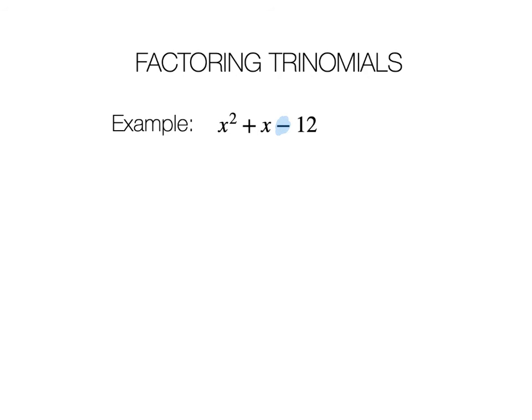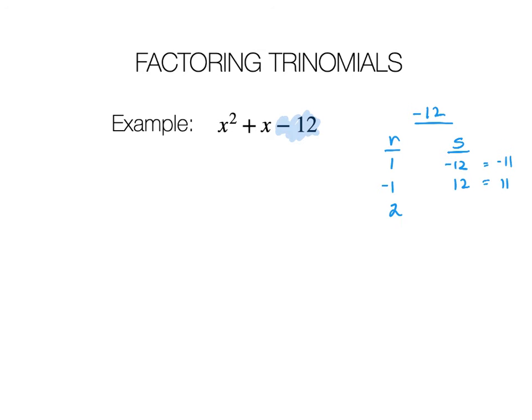That means one of our values will be positive, one will be negative. We're going for a -12 here, so let's write that guy down. R and S. So it could be 1 times -12 or -1 times +12. This adds up to -11. This adds up to 11, so neither of those work.